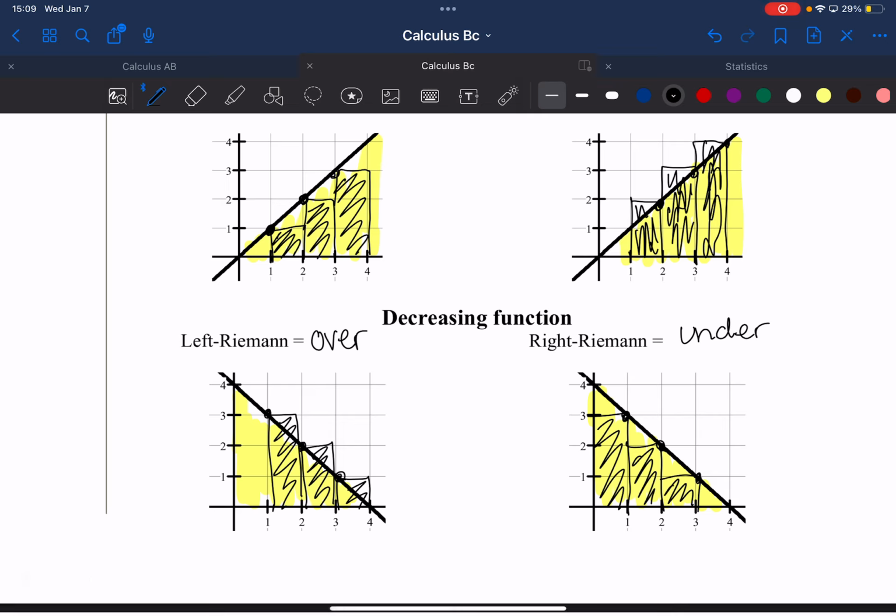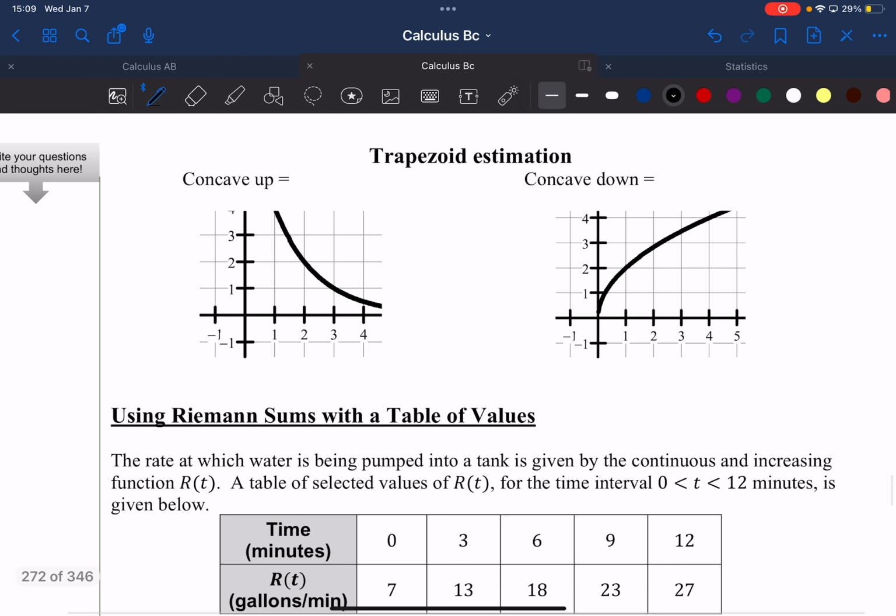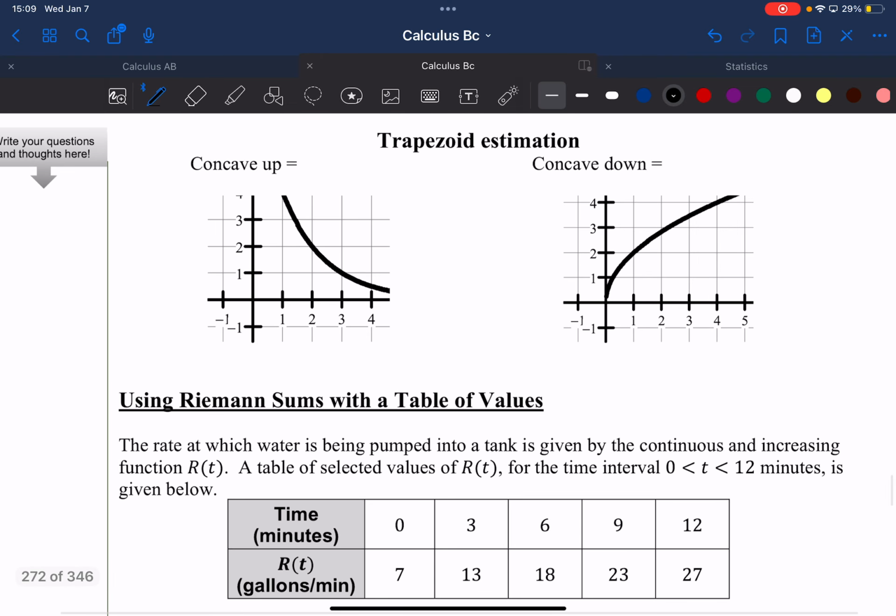Okay. For midpoint summation and trapezoidal summation, instead of looking at increasing or decreasing, you're going to have to know the concavity. Okay. So first I'm going to shade all of this.